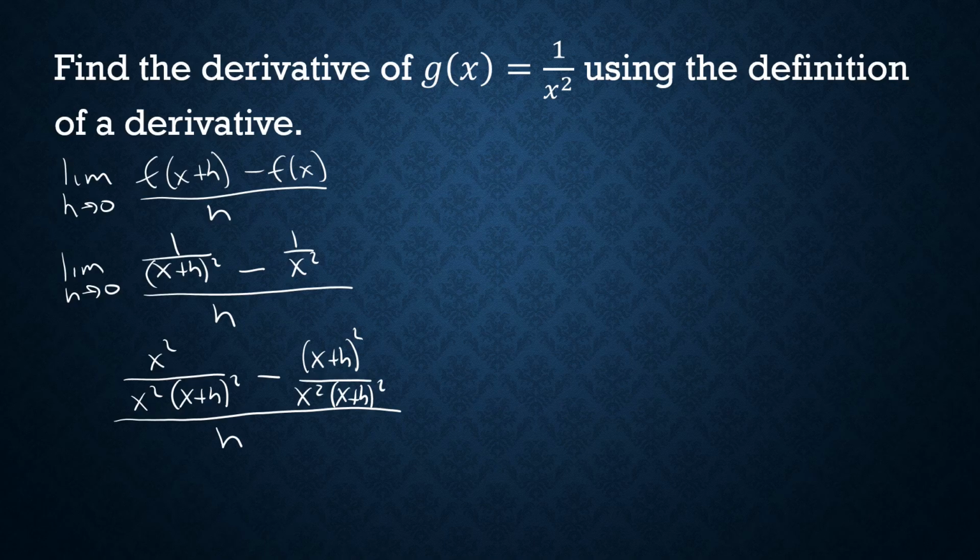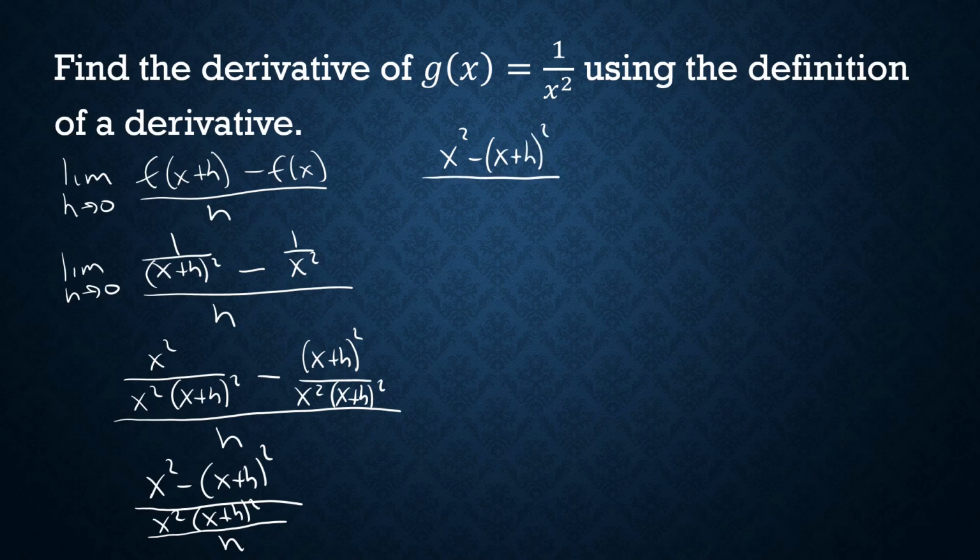Now with a common denominator, I can rewrite it as x squared minus (x plus h) squared over x squared times (x plus h) squared, all over h. And when I divide it by h, I can also rewrite it as x squared minus (x plus h) squared over h x squared (x plus h) squared.